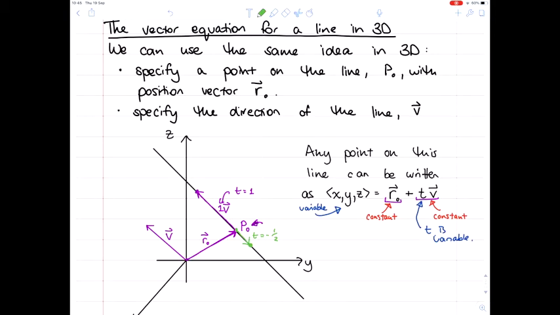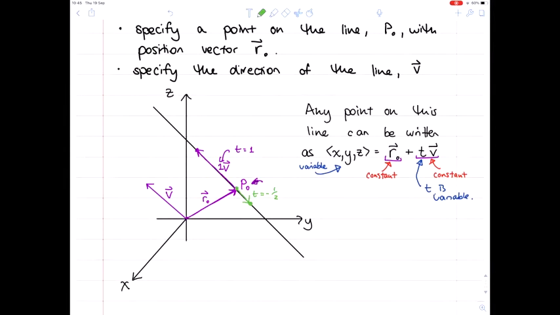So for all the different values of t, I add to my point P that multiple of my vector v, and that gives me the line.